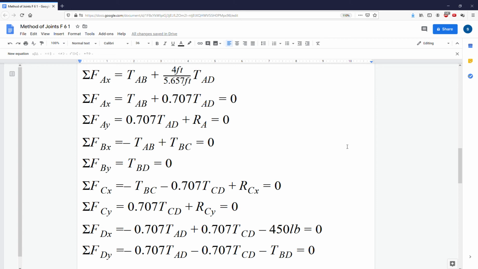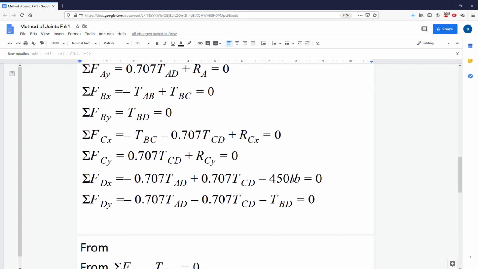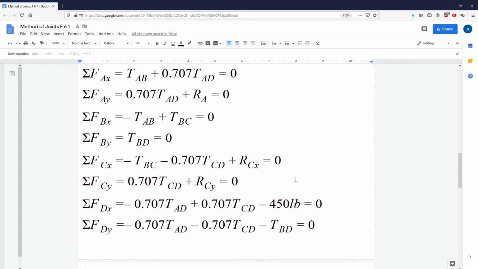Sum of forces in X on joint C, there is negative TBC, since member BC is to the left, negative 0.707 TCD, it is going up and to the left, plus RCX, the unknown reaction X component at C. Sum of forces on joint C in the Y direction is positive 0.707 TCD plus RCY.